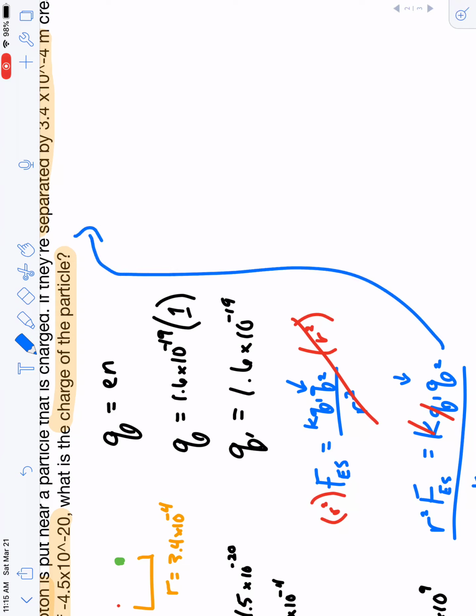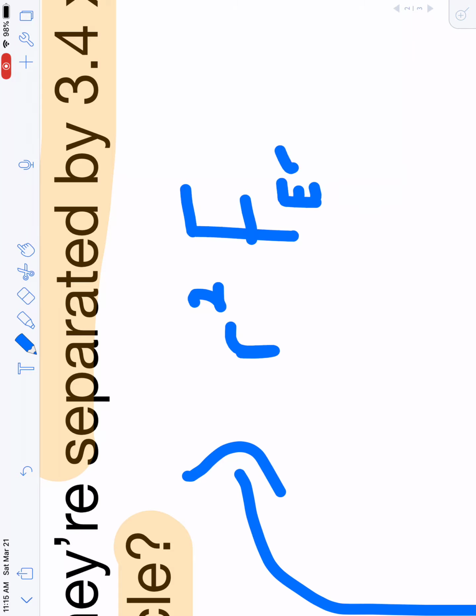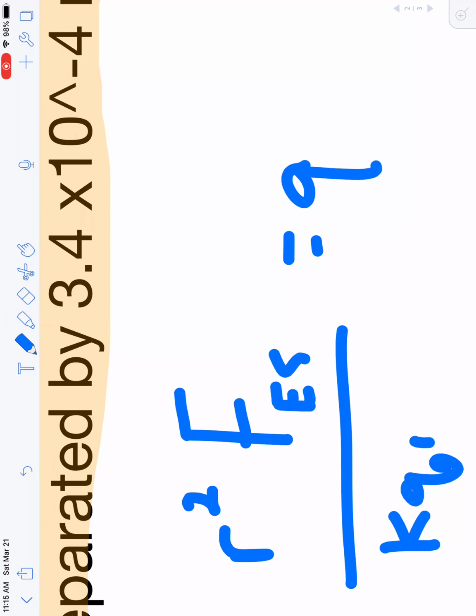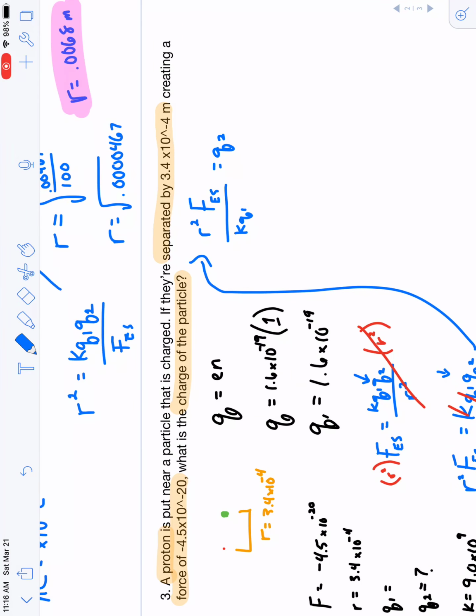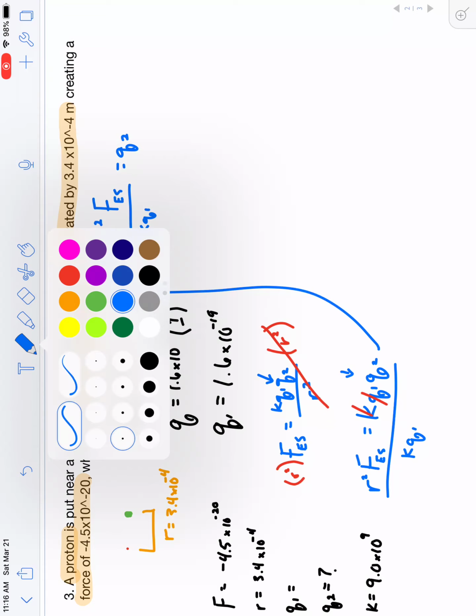So now we have R squared times the electrostatic force, divided by K, Q1, equals Q2. So far, so good. Now we have our equation how we want it set up.